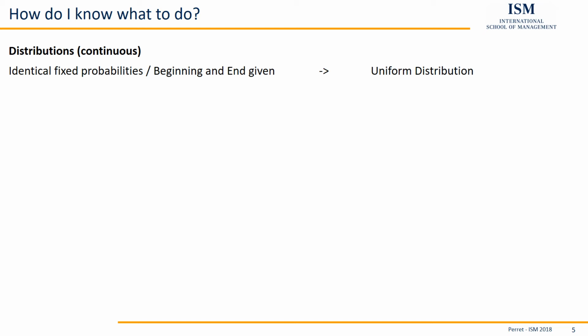A dice can result in values from 1 to 6. If you go to a bus station, you don't know when the bus comes, but only that the bus arrives every 20 minutes. So you're asked about how long you have to wait, or what's the probability of waiting more than 50 minutes. There you have a beginning and end.